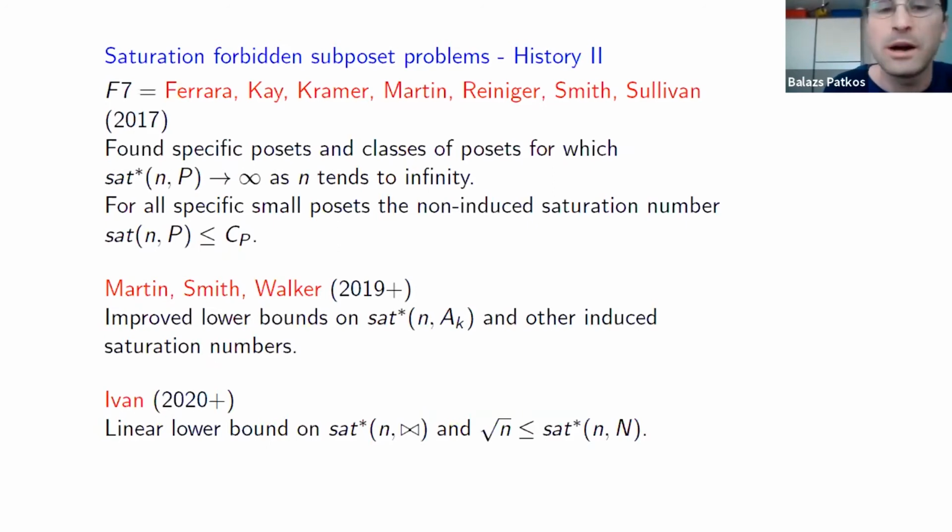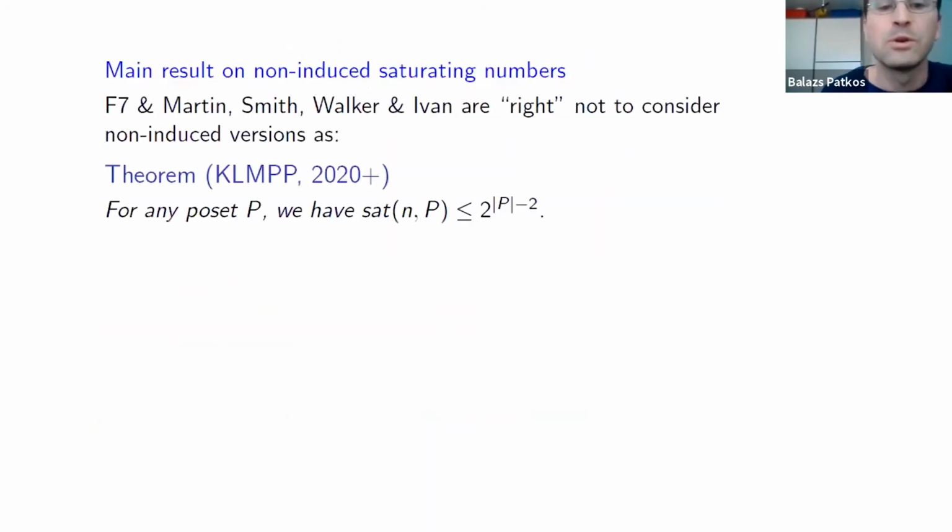So now to our result. Our main result corresponds to the non-induced version. In some sense, these people were right not to consider the non-induced version, because whatever the poset, the forbidden inclusion pattern, we can saturate that with a constant number of sets.